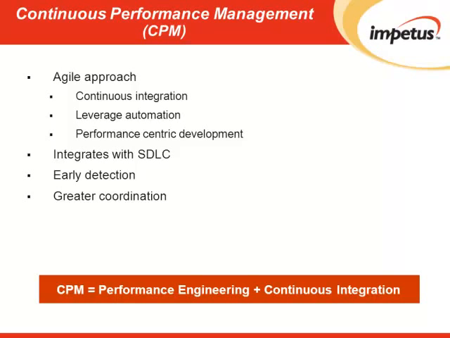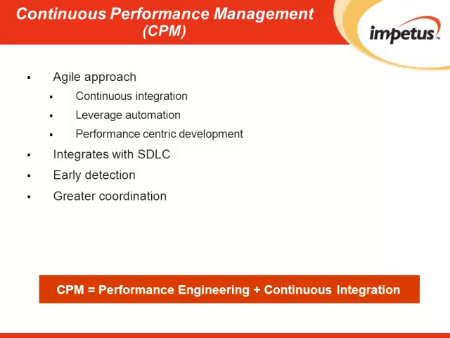It can really help in integrating the performance engineering activities with different phases of the SDLC, starting from the requirement analysis to design and architecture, to development, to testing, and then finally deployment. CPM advocates performance-centric development, wherein the developers test the code performance right at the method level.